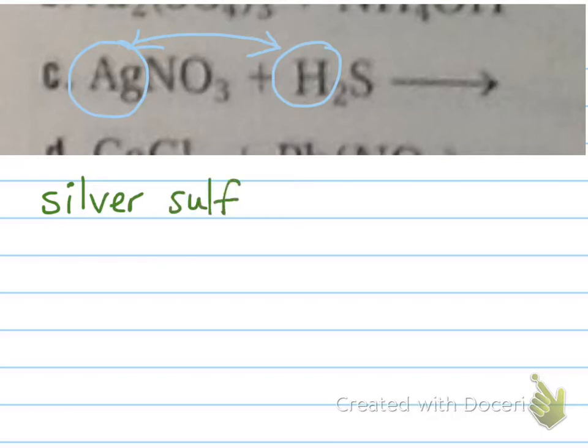Letter C, we have silver nitrate and hydrogen sulfide. Again, silver and hydrogen are my positively charged ones, so they're going to swap partners. So silver is now going to be partnered with sulfide, and hydrogen's going to be with nitrate.